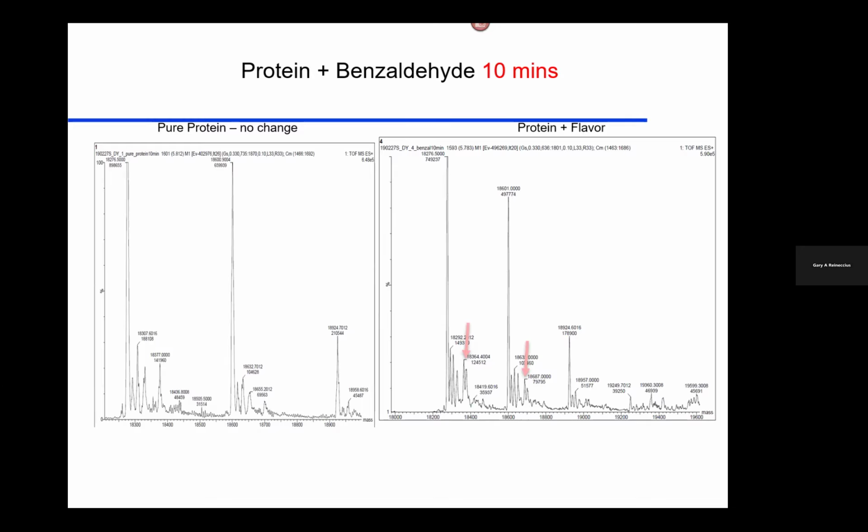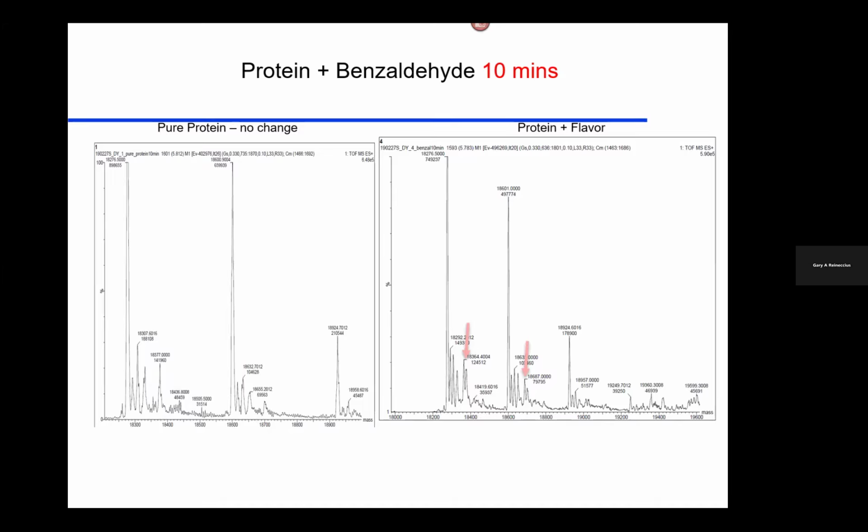And so in this particular case, we were taking protein. So there's pure protein up here. And that has our beta-lactoglobulin, our two lactoses added on. But let's go ahead and put a little bit of cherry flavor in this ice cream or in this beverage, wherever it happens to be. Well, what happens? That's just 10 minutes.